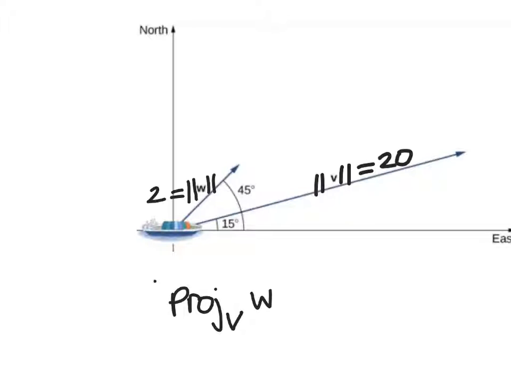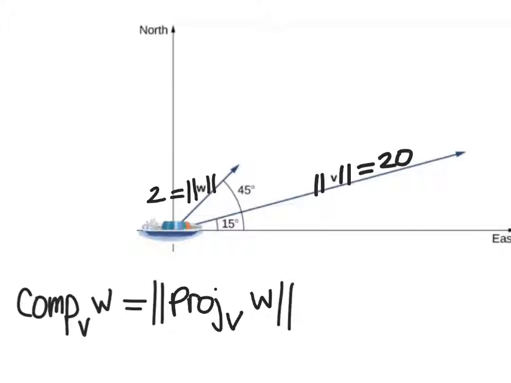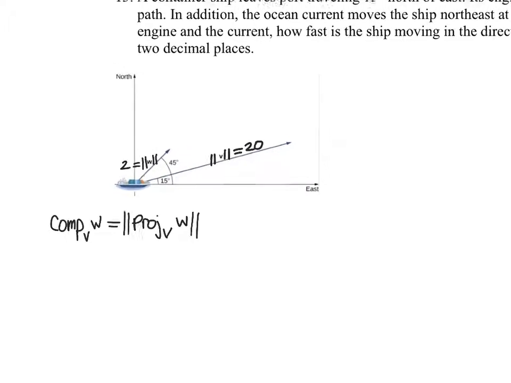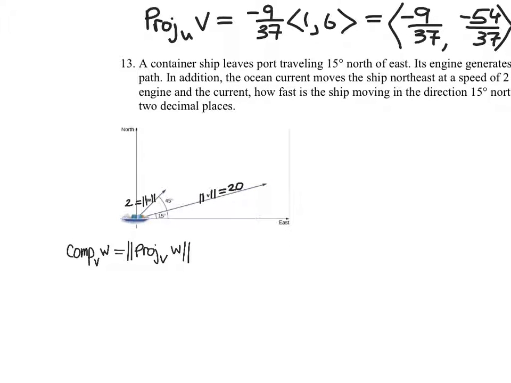So this is asking me for the component of W acting in the direction of V, because I already know which way it's going. I want to know what the magnitude of that final displacement, the velocity, would be.